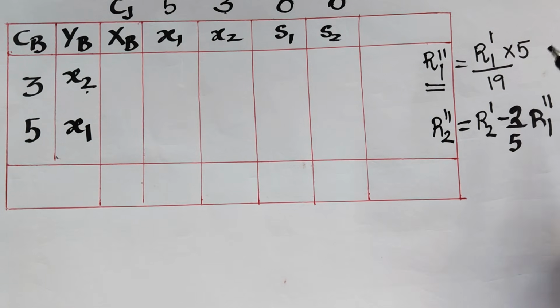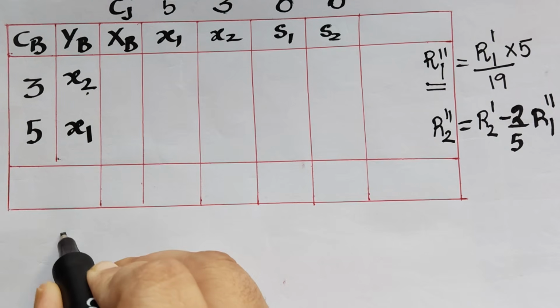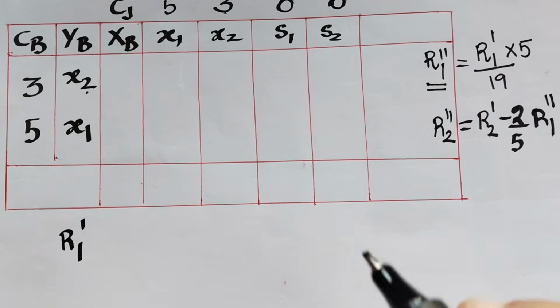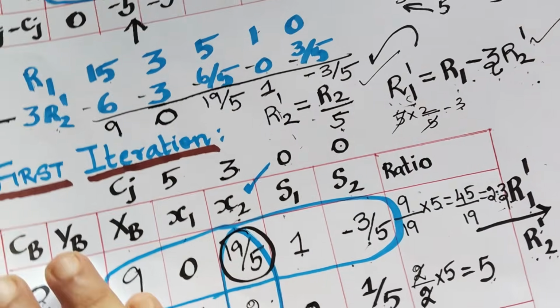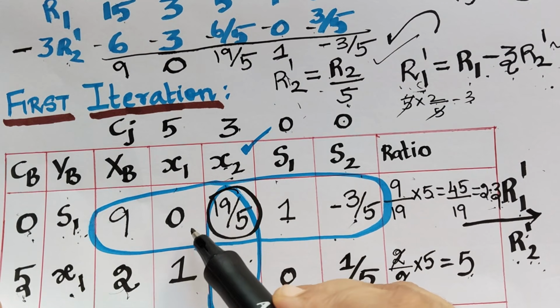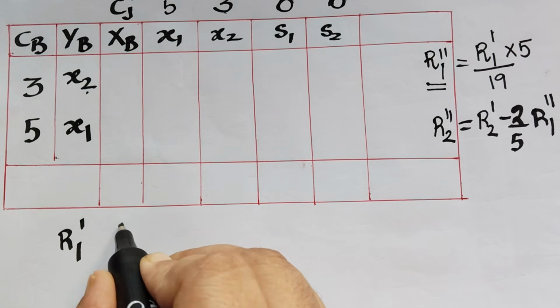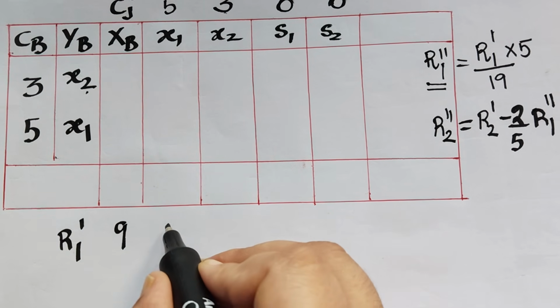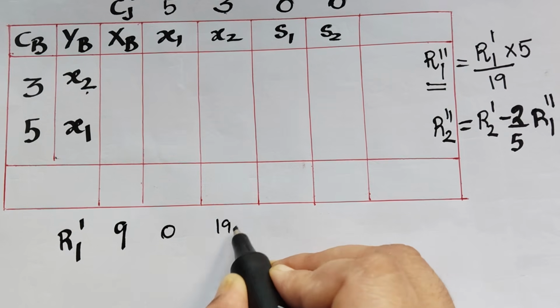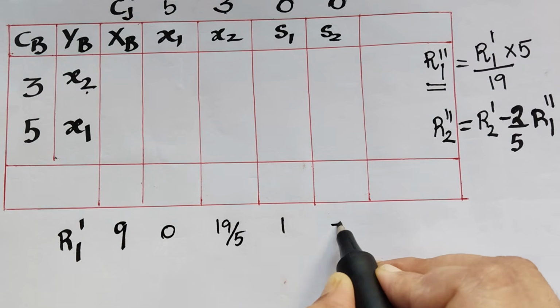So what is this R1 dash actually? So let me write that here. R1 dash are these elements, that is 9, 0, 19 by 5, 1, minus 3 by 5. Just for my convenience I am writing all that. So 9, 0, 19 by 5, 1, minus 3 by 5.